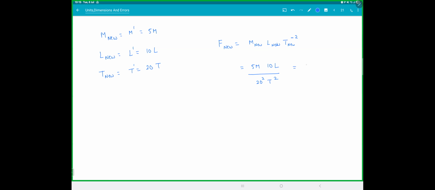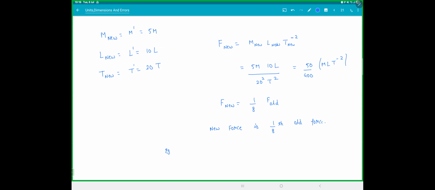So this will be 50 by 400 MLT^-2. So the new force is 1/8 of the old force, where MLT^-2 is the old force. Is this making sense? That means in the new quantities which you have taken, the new force unit is 1/8 of the old force unit.